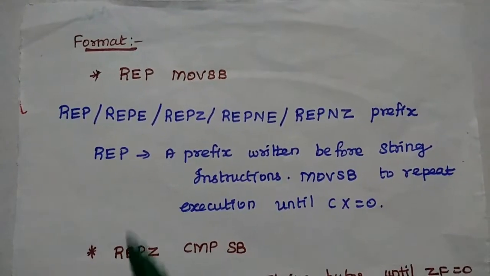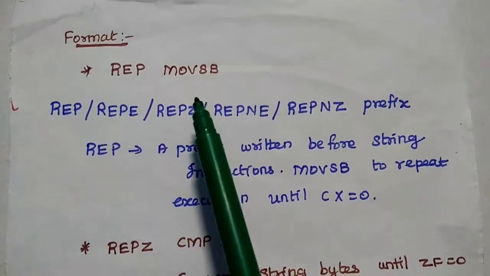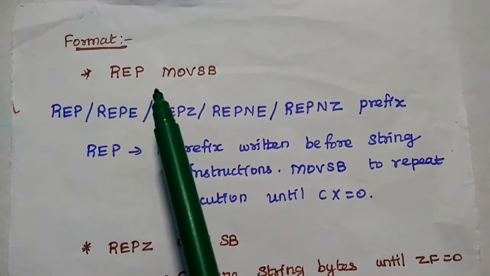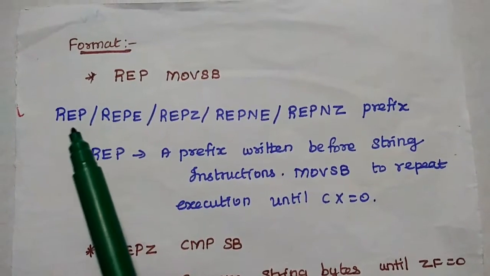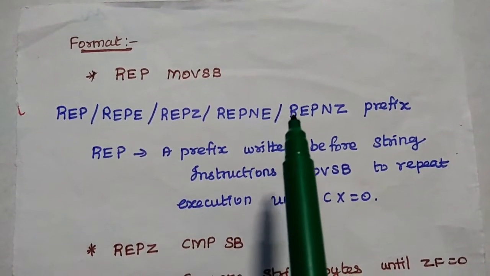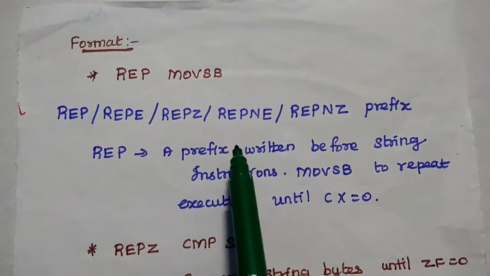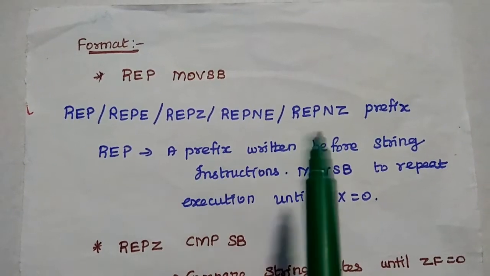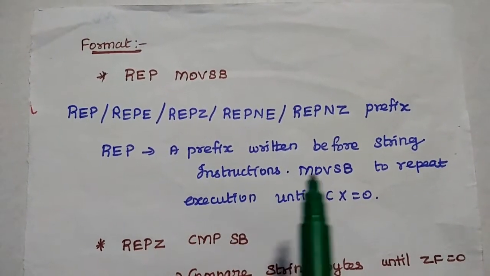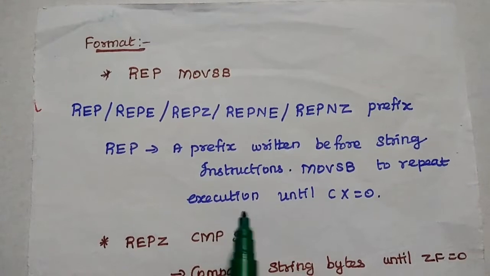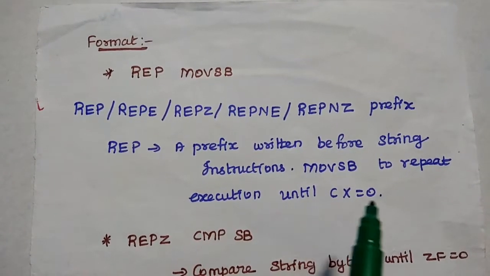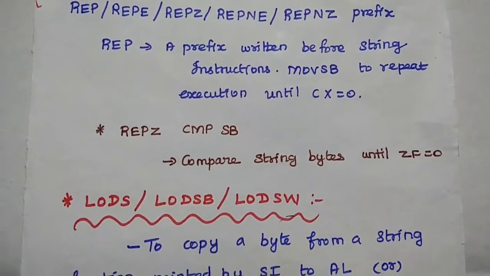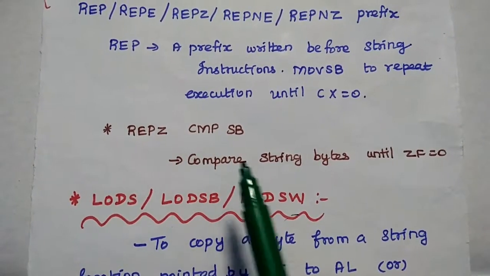The format for this move instruction is REP MOVS. Here REP represents the repeat mode. We can have different kinds of repeat modes as a prefix to the string instruction. It is written before the string instruction to repeat its execution until CX is equal to 0. That is the count.